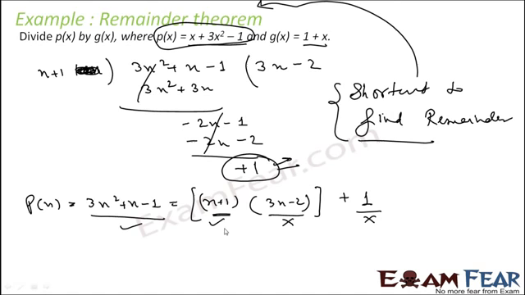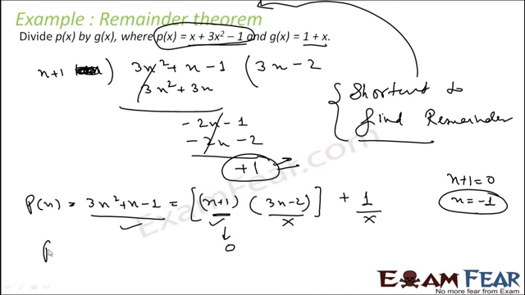If somehow I can make this 0, 0 into this number will become 0. And what will I get as remainder? So if x plus 1 is 0, then x is nothing but minus 1.